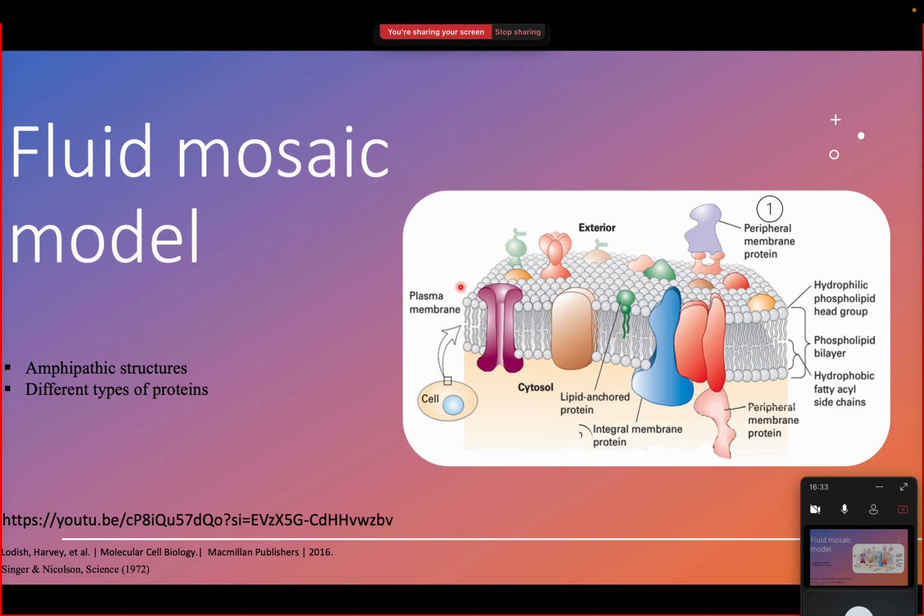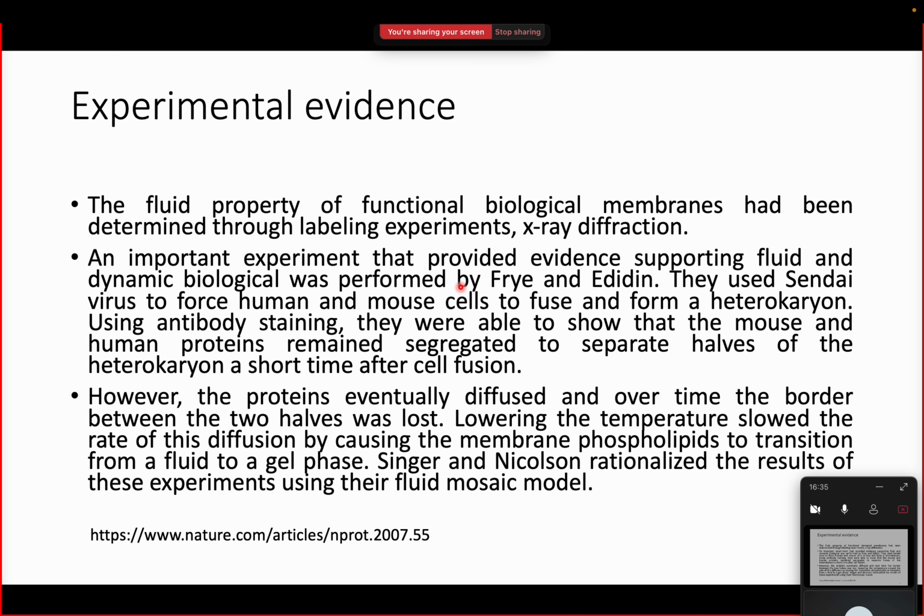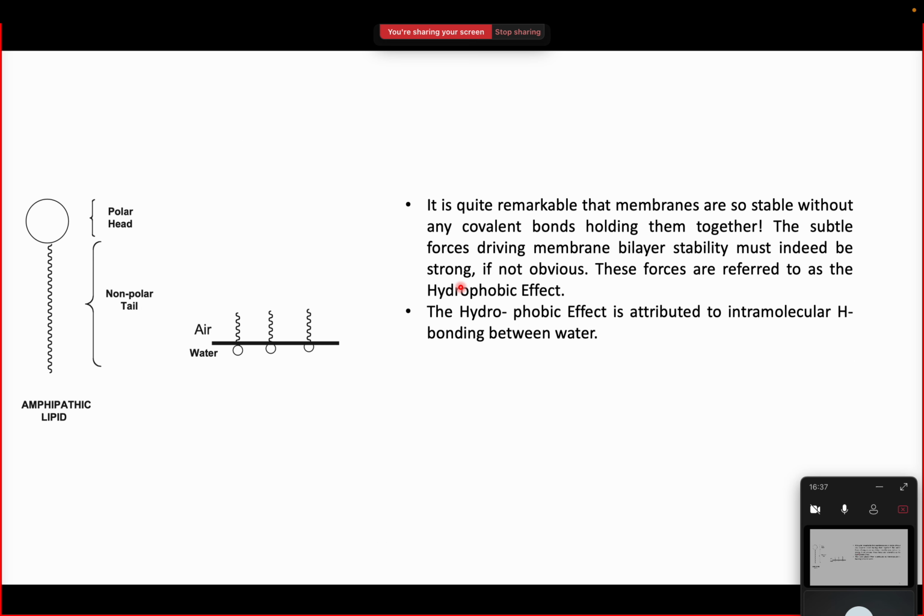So the property that membranes are rigid structures, fluidic in nature, and very stable under physiological conditions is attributed to non-covalent interactions. Not a single covalent bond or interaction is present while the membrane is being formed or when the membrane is present. Okay, so this is a very remarkable property.